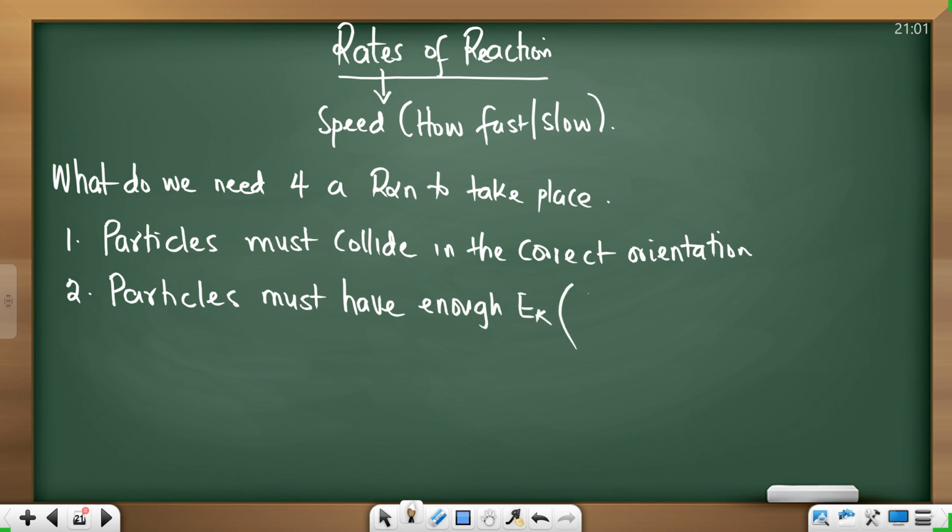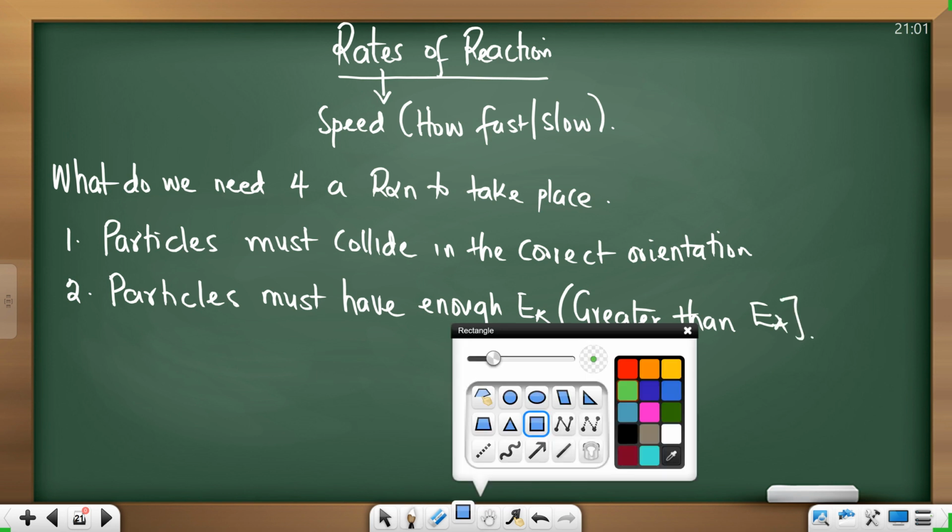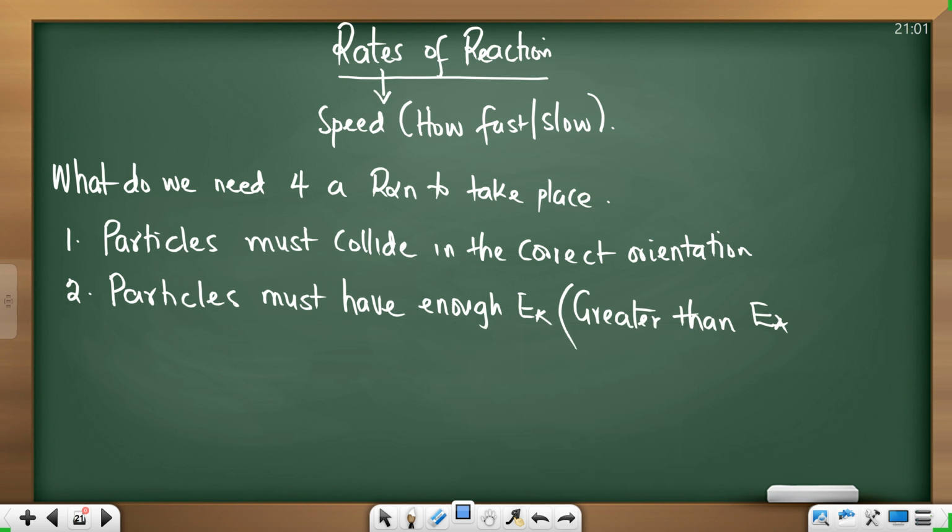When we say enough kinetic energy, we mean energy greater than activation energy, the minimum energy required. So the energy they have must be greater than activation energy. Sufficient energy. And they must collide in the correct orientation.